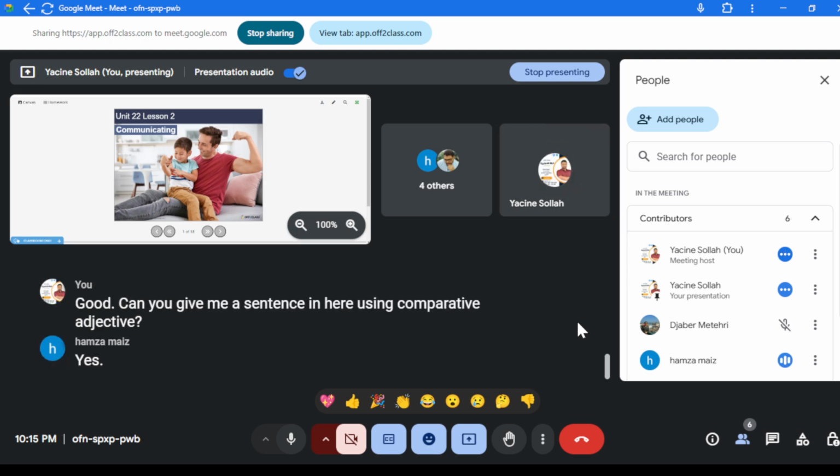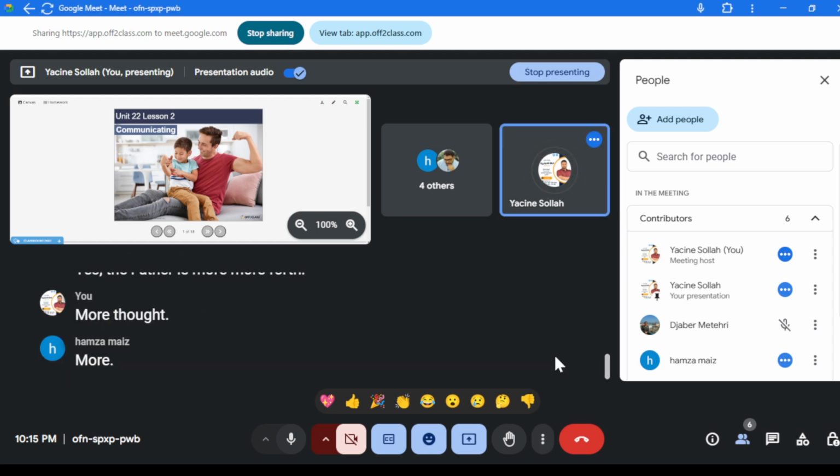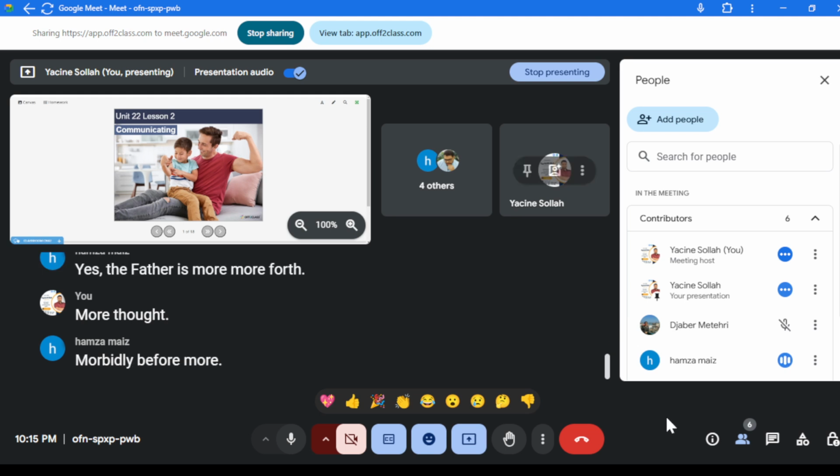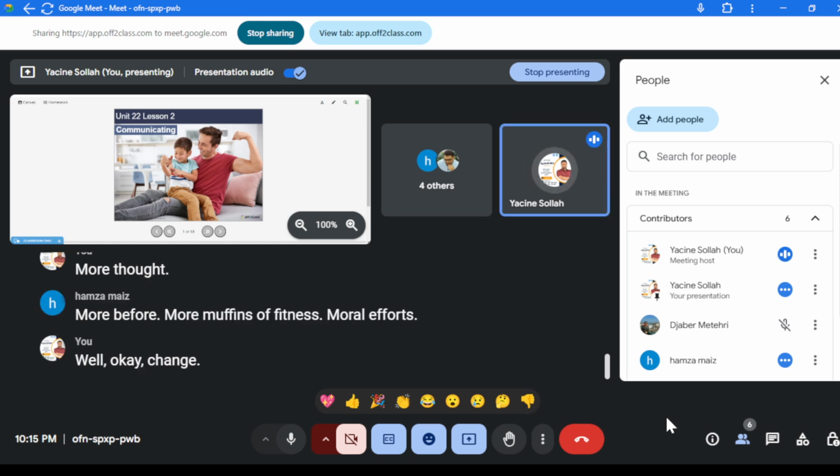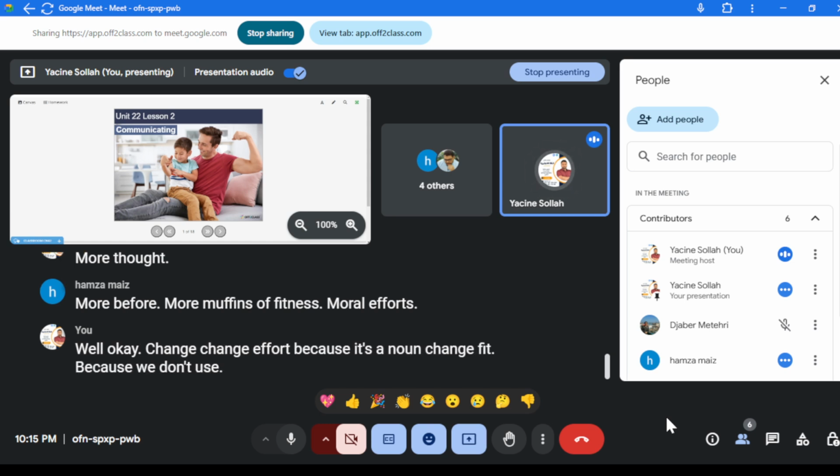Yes, the father is more effort, more fitness. Well, okay, change effort because it's a noun. Change fit because we don't use more with fit.